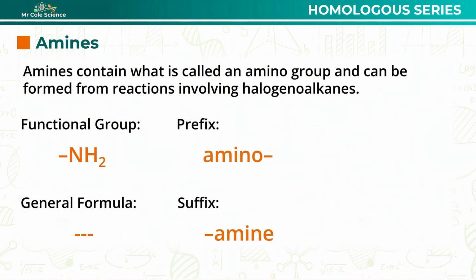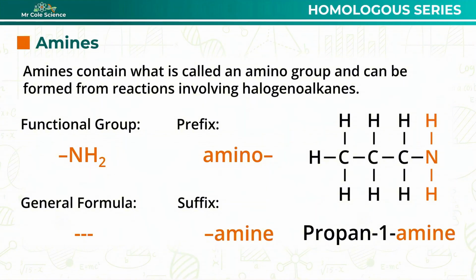Like alcohols, amines can be identified using either a suffix or a prefix, depending upon what other functional groups are present. Sometimes amines are named using the prefix amino, and other times they are named using the suffix amine. Here we've got an example of propan-1-amine. The amino group is present within the displayed formula, and the suffix amine in the name.